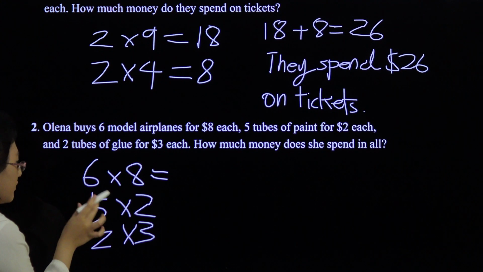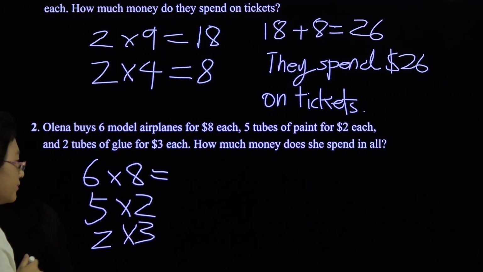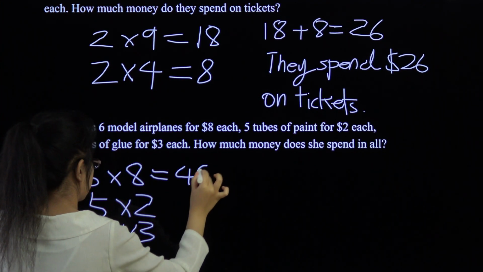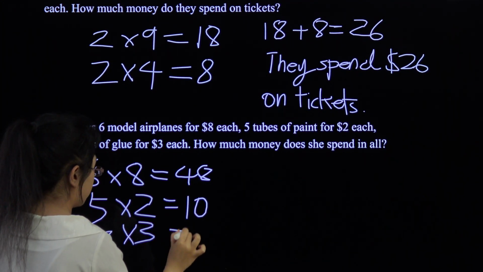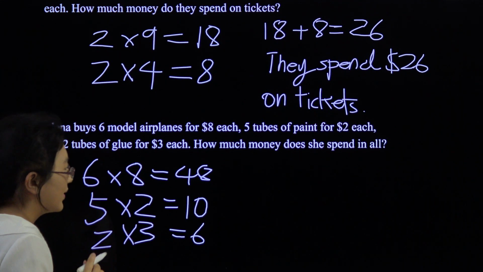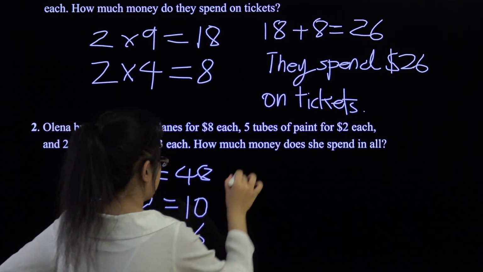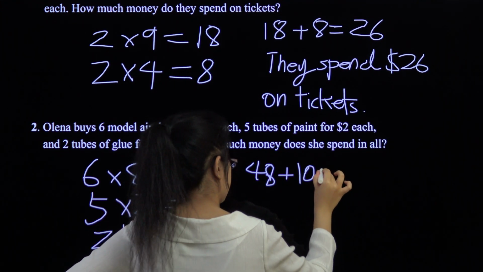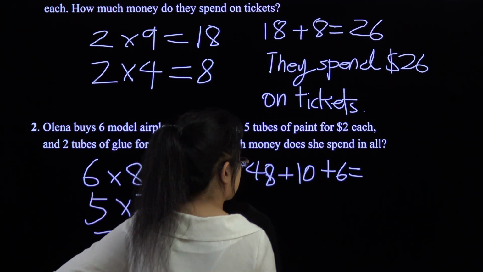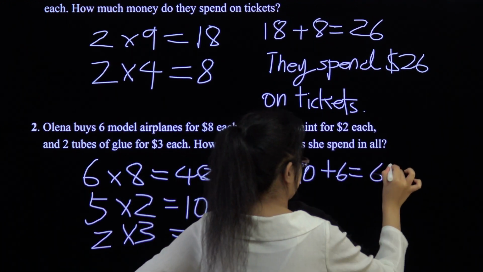Okay. 6 times 8, 48. 5 times 2, 10. 2 times 3, 6. You add them up. 48 plus 10 plus 6 equals 64.